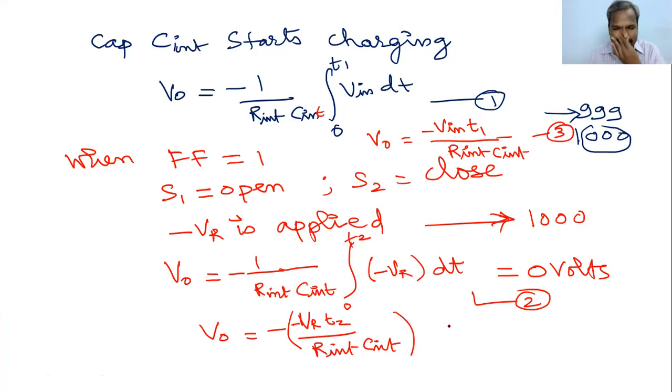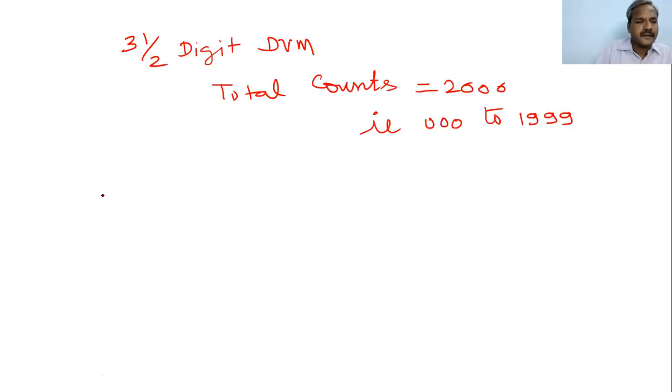Say this is equation number 4. Now subtract 4 minus 3.